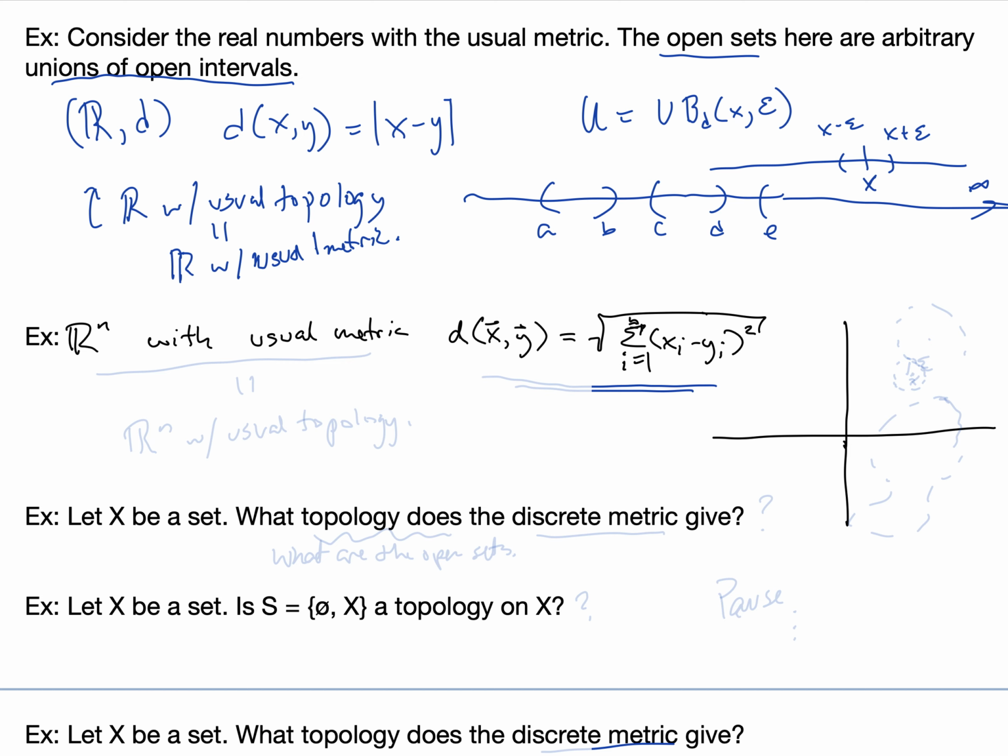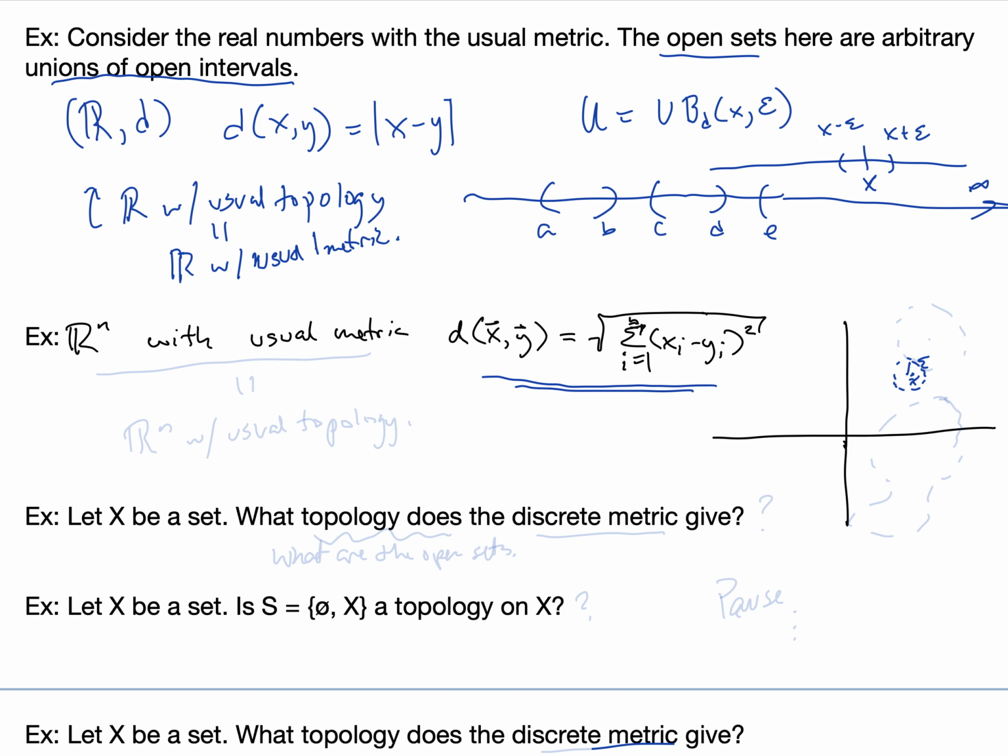Similarly, we know that in R^n with our usual straight line distance between two points, the epsilon balls in this space are balls centered at points x with radius epsilon. We could think of that in two dimensions or three dimensions, and we could theorize what it's like in n dimensions as well.